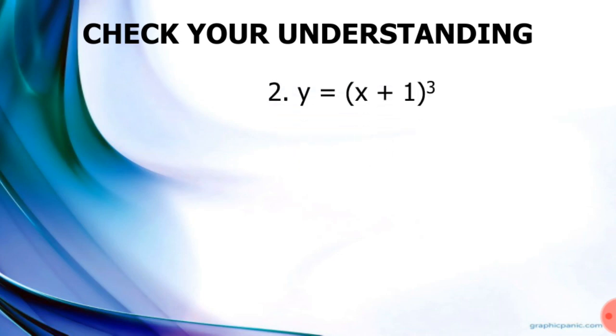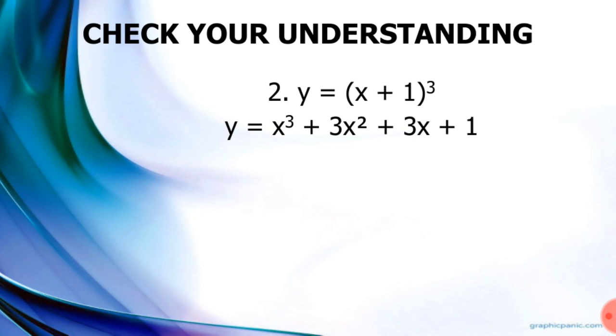Our function here is x plus 1 raised to the third power. Of course, before we differentiate it, we need to expand it first using the special products in algebra. If you expand it, this will be y, which is equal to x cubed plus 3x squared plus 3x plus 1.